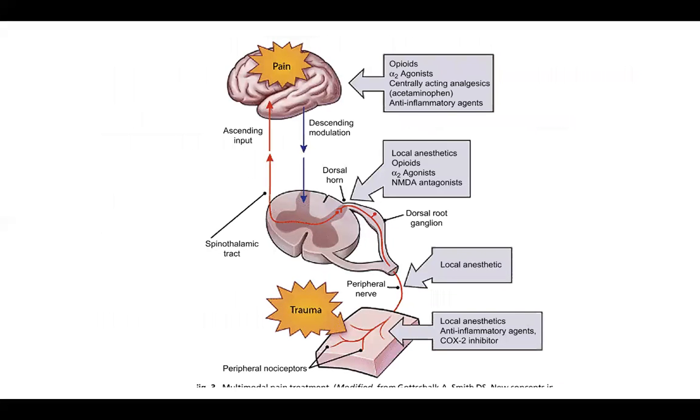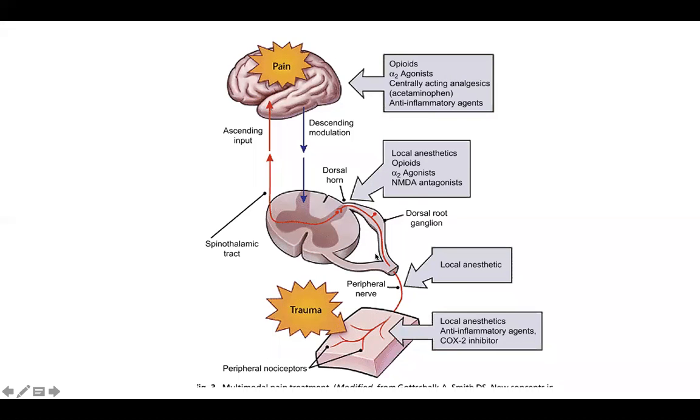Look at this graphic. This is central nervous system pain. We use opioids, centrally acting analgesics, there's acetaminophen, then anti-inflammatory agents. But there is ascending input or descending input, and when it comes to the dorsal horn, sometimes local analgesics can be very useful here, to anesthetize the whole thing and take away the pain.